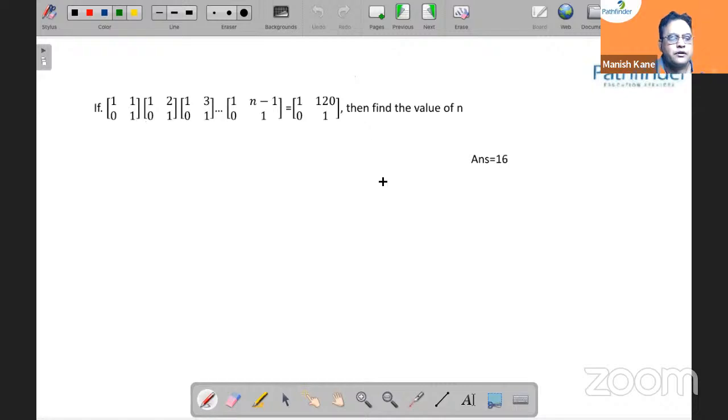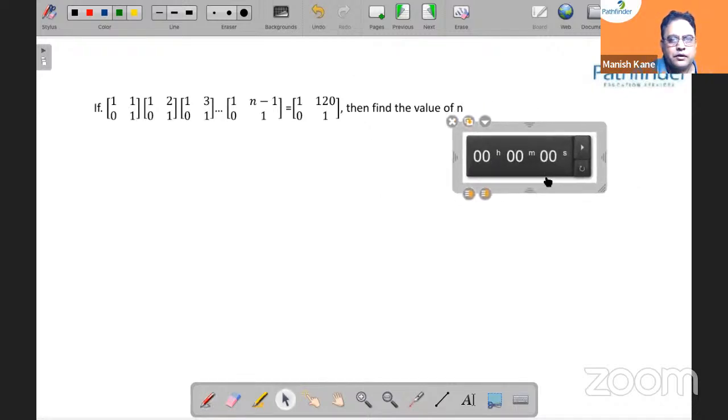Next, solve this one. Okay, this question merits 2 minutes. Let's see if you can approach this question in 2 minutes.